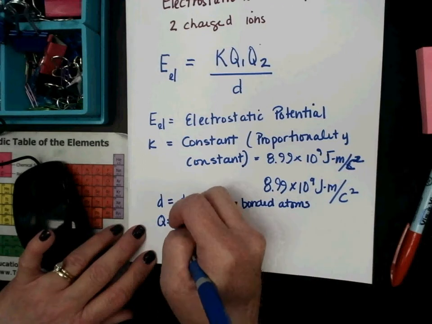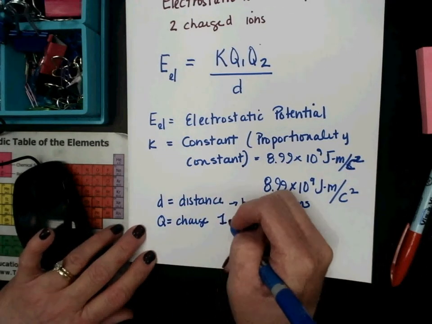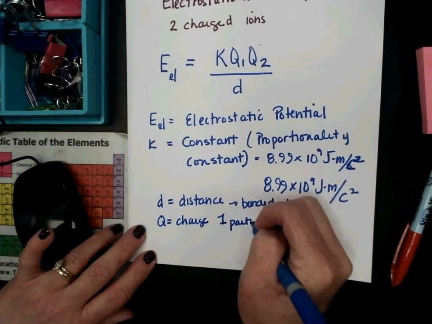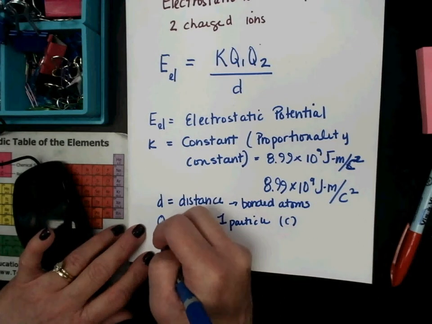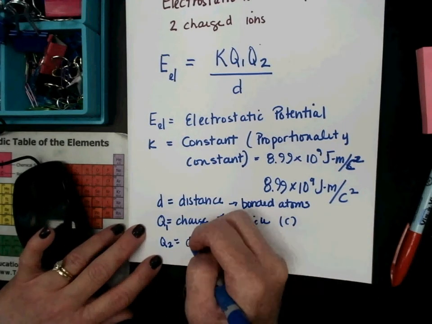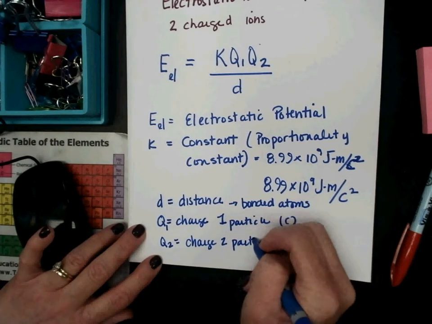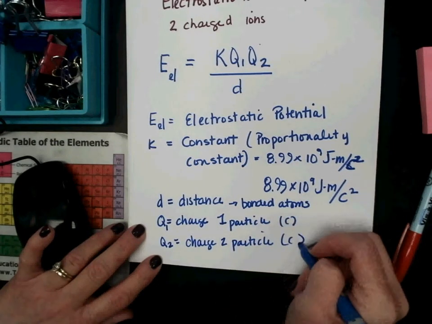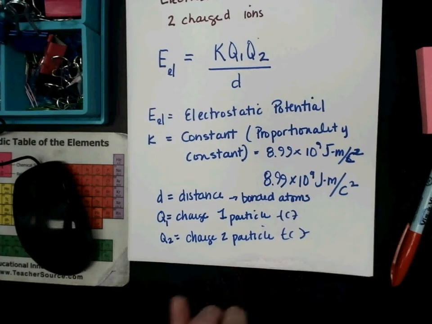My Q1 equals the charge on the first particle, on my first ion, that's going to be in coulombs, and this Q2 equals the charge on the second particle in coulombs. So that gives you an idea of what's going on with each of those variables.